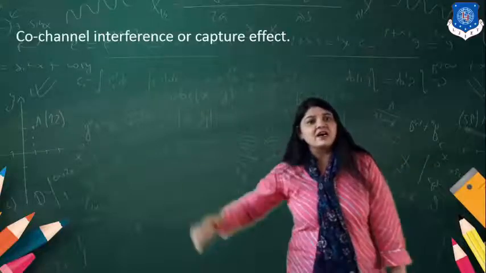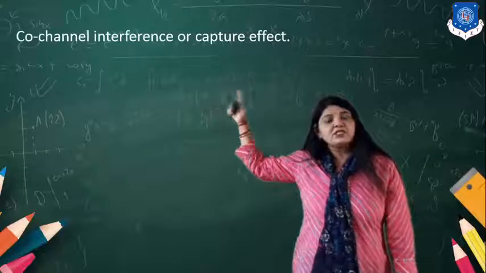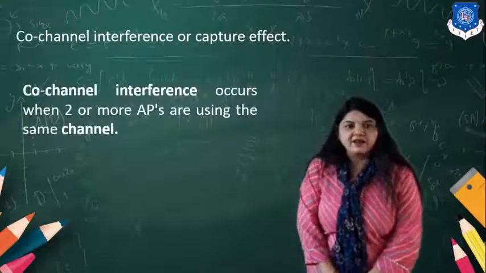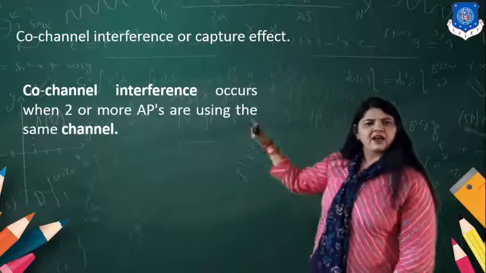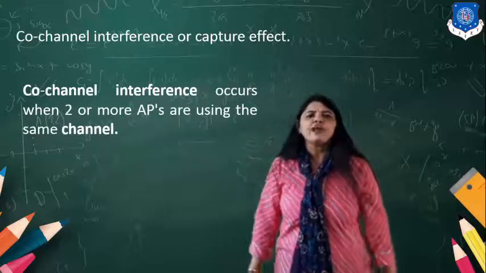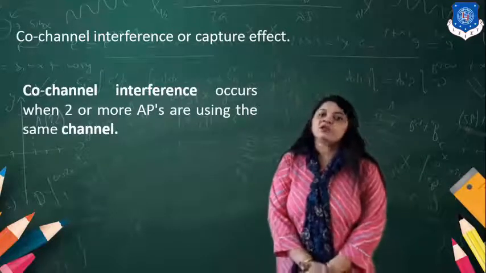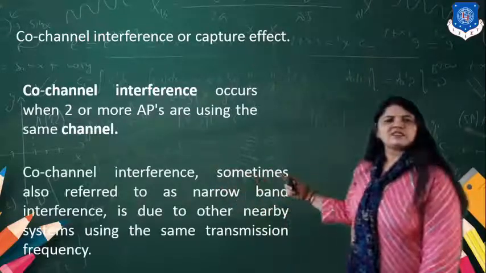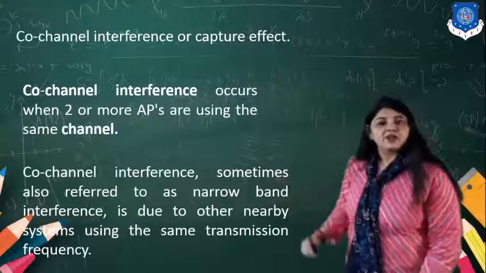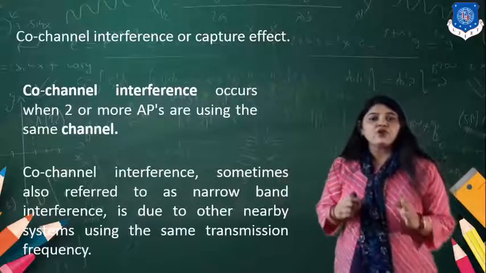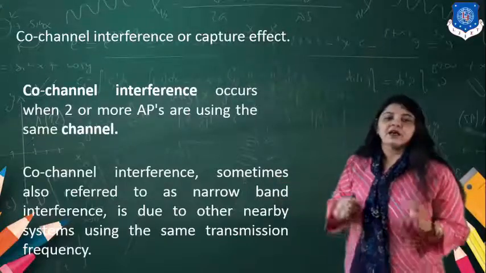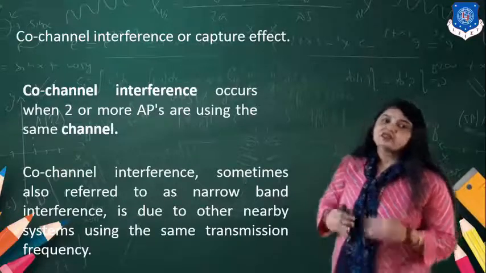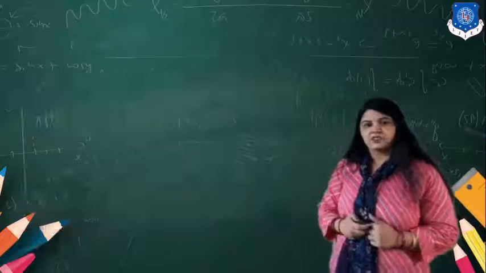The other is the co-channel interference, which is observed as the capture effect. What is that? It occurs when two or more APs are using the same channel. Co-channel interference, also referred to as narrow band interference, is due to other nearby systems using the same transmission frequency.